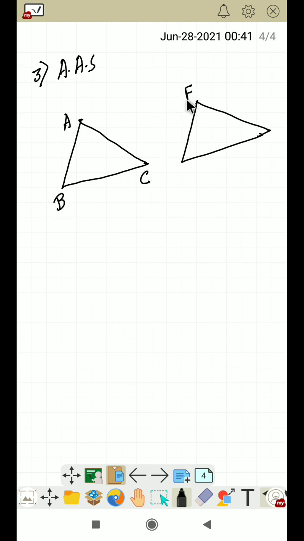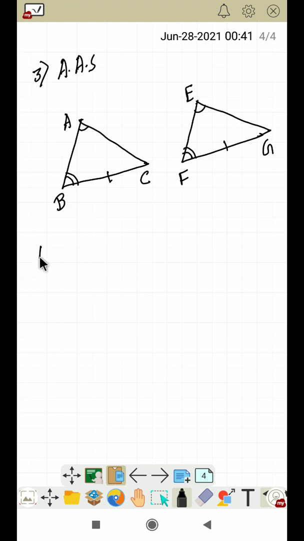This is EFG. Angle, angle, side. Suppose this angle is equal to this angle. Then again the next angle, this angle is equal to this angle. And the next side, that means this side is equal to this side. If this property holds, that time you can also say these two triangles are congruent.